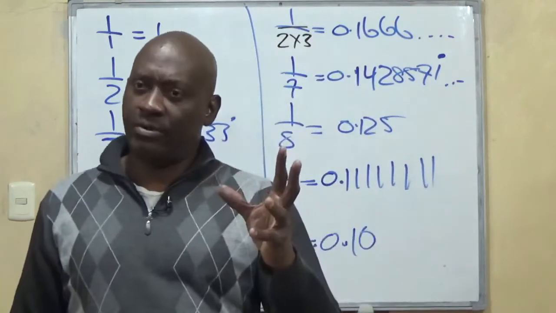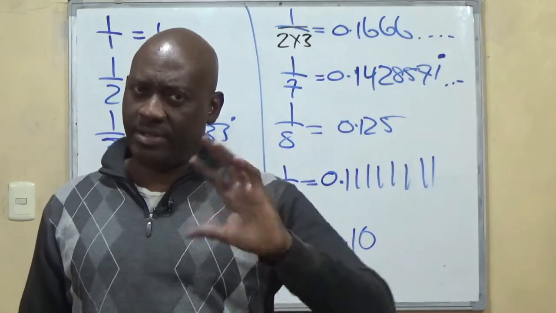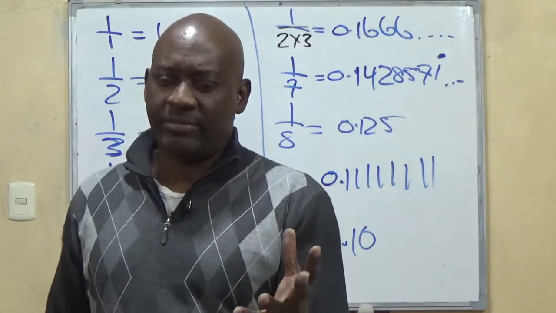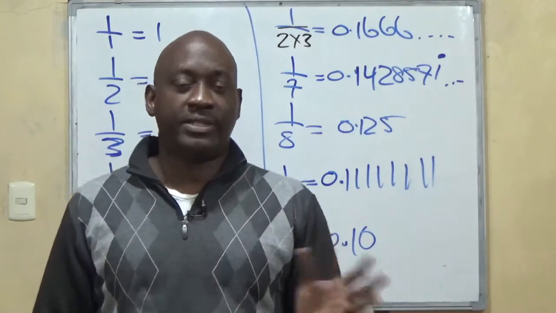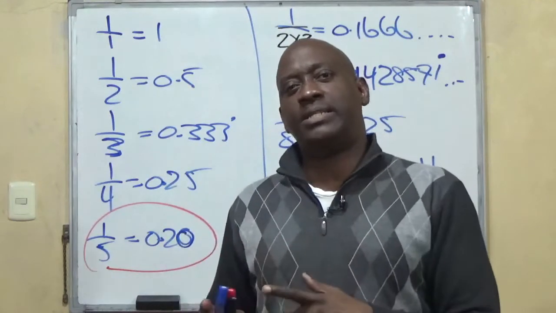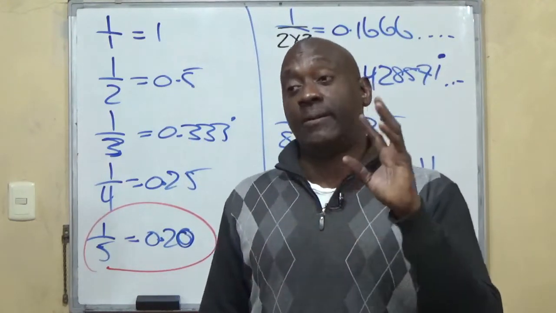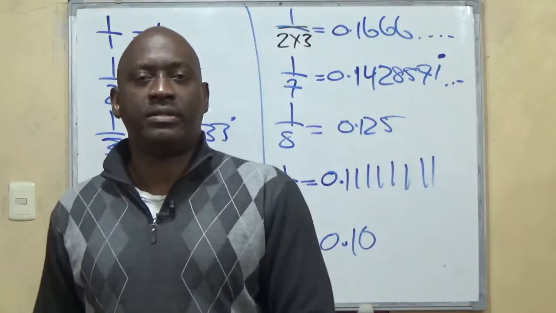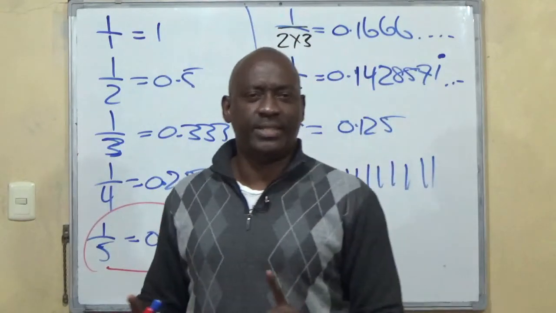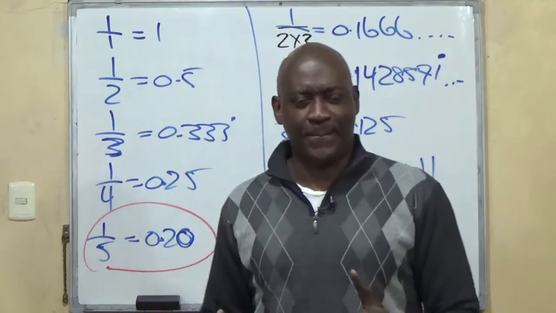So 5 to the power of 1 is 5. 5 squared is 25. 5 to the power of 3 is 125. 5 to the power of 4 is 625, etc., etc. We will get into some more detail about the difference between exponents and powers in another video, not this one. We can't do too many things in one space at one time.